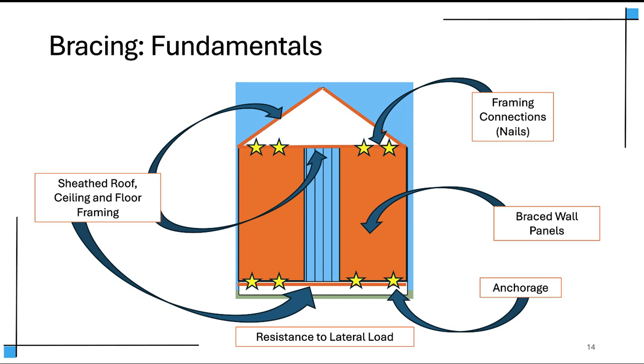If that braced wall panel happened to be sitting on top of a wood-framed subfloor, then again, we're going to make that connection between the vertical bracing element of the braced wall panel and the horizontal bracing element of a wood floor framing with framing connections, which are nails in Part 9. So all of these elements come together in very specific ways in Part 9 to provide resistance to lateral loads.